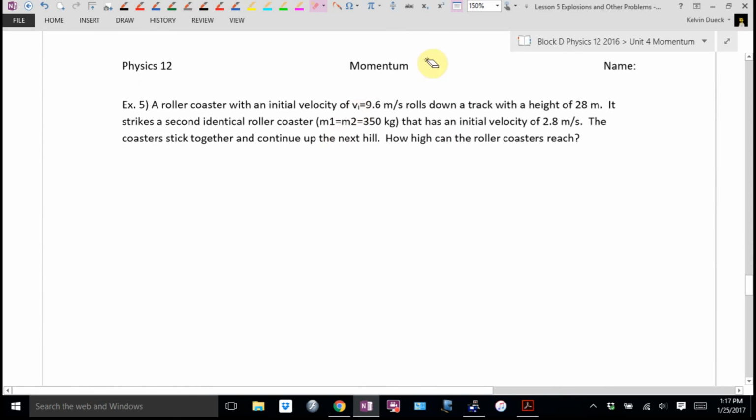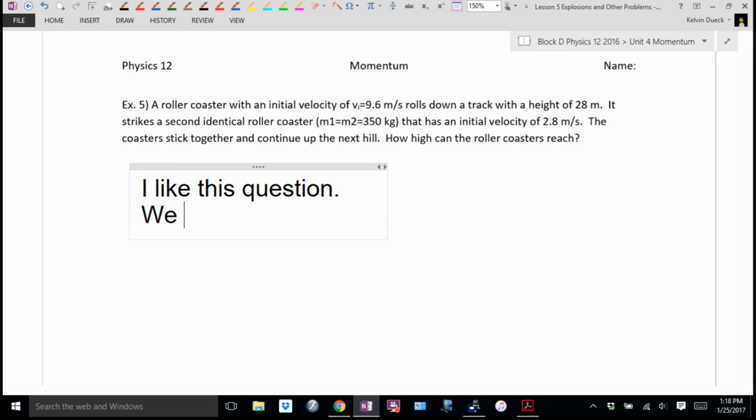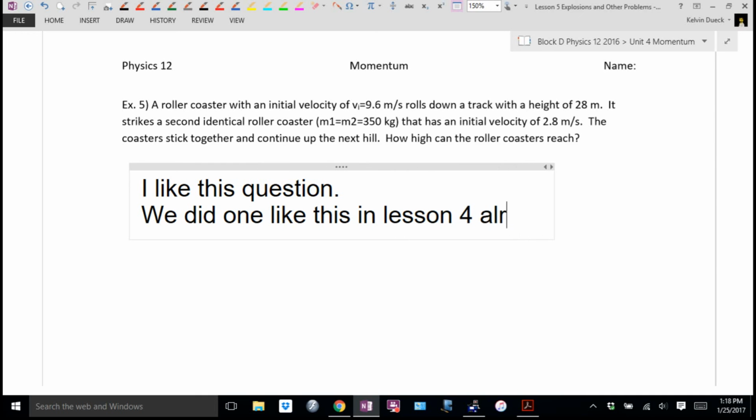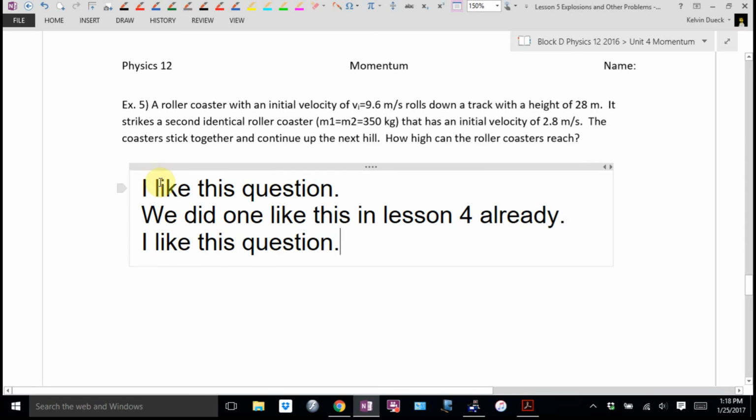Example 5. I like this question. We did do one like this in lesson 4 where we had a roller coaster come down a hill.